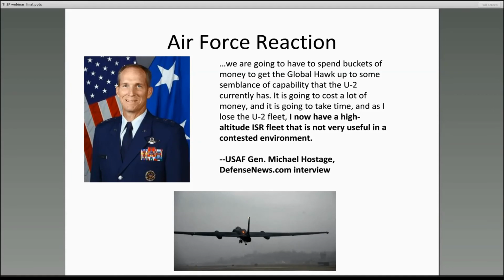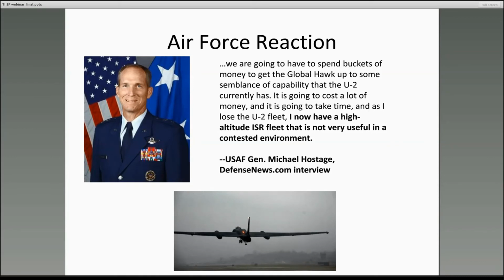Which means that instead of having U-2 planes, which fly, they're a Cold War system, they're bought and paid for, and can fly in a battle zone, we're going to be buying Global Hawks that are slow, fly low to the ground, and anybody with a surface-to-air missile can shoot them down. And basically there's only enough money in the Pentagon budget to fund one or the other of these things. So Lockheed Martin, which built the U-2 spy plane, isn't getting any money from this anymore.